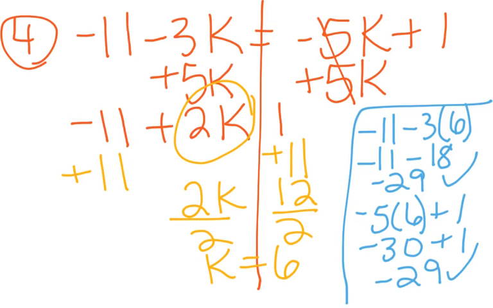They balance out, so my answer is correct. Now, it's up to your teacher and up to you whether you want to check your answers like I'm doing, but I'm just showing you how the left and the right-hand side turn out to be the same when k is 6. It balances the equation, so it's the correct answer.